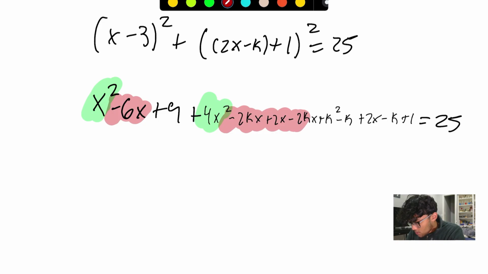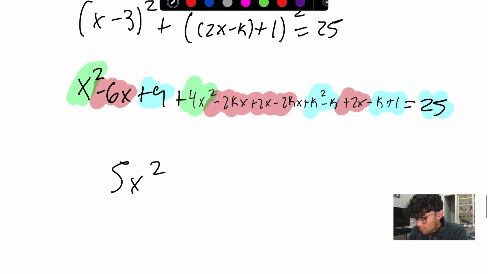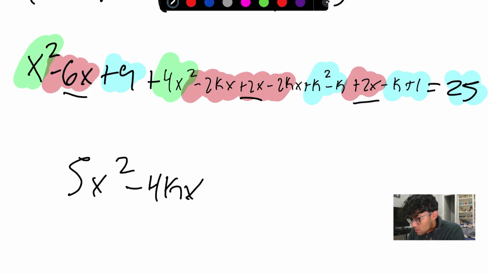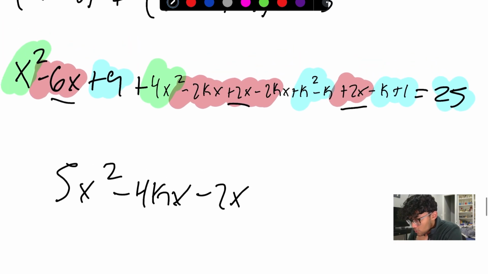So we have our x's, this little string of x's right here, and we have 2x, and the rest are just constants. Let's now add these. We have 5x squared, and then minus 2kx, so that becomes minus 4kx, and we have 2x minus 6x and 2x, so that's going to be negative x, no, sorry, negative 2x, because 4 minus 6 is negative 2.